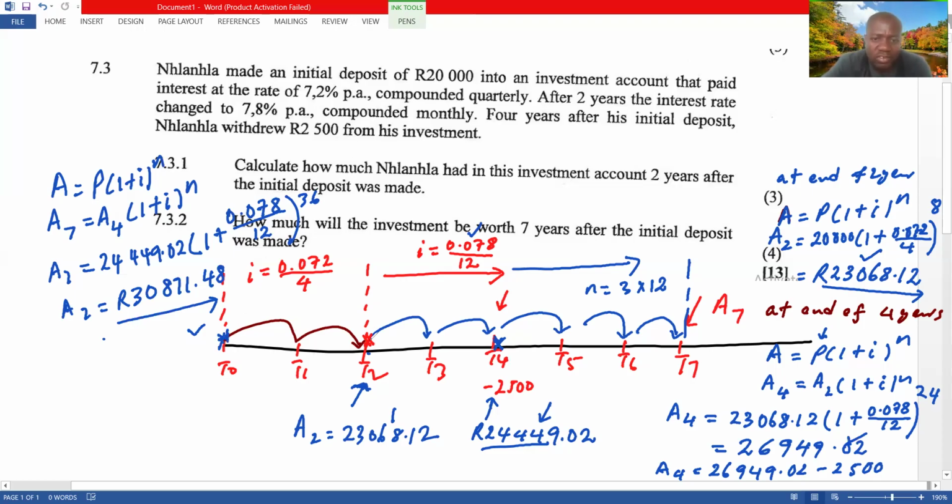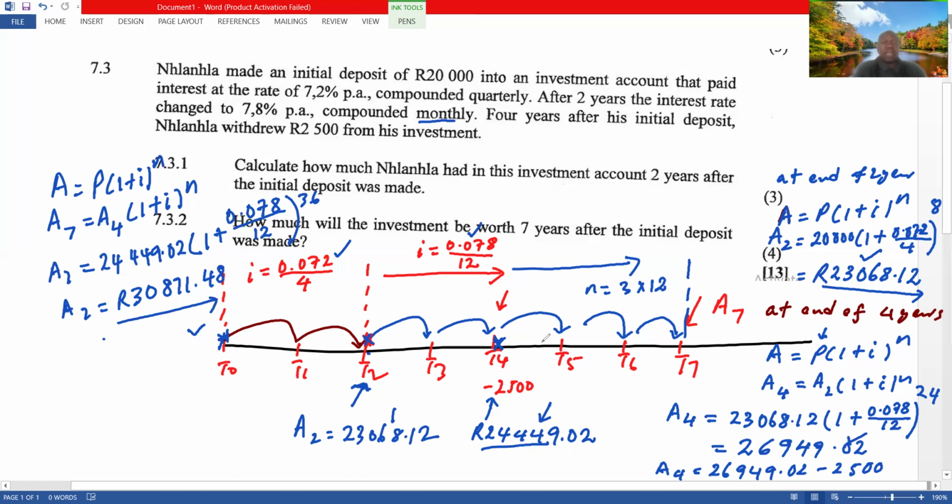Then at the end of 2 years, it increased to 23,068 rand 12 cents with an interest of 7.2% per annum compounded quarterly. Then from there, the interest changed to 7.8% compounded monthly. So everything should be calculated on a monthly basis. That's why at the end of 7 years, his investment will be 30,871 rand and 48 cents.